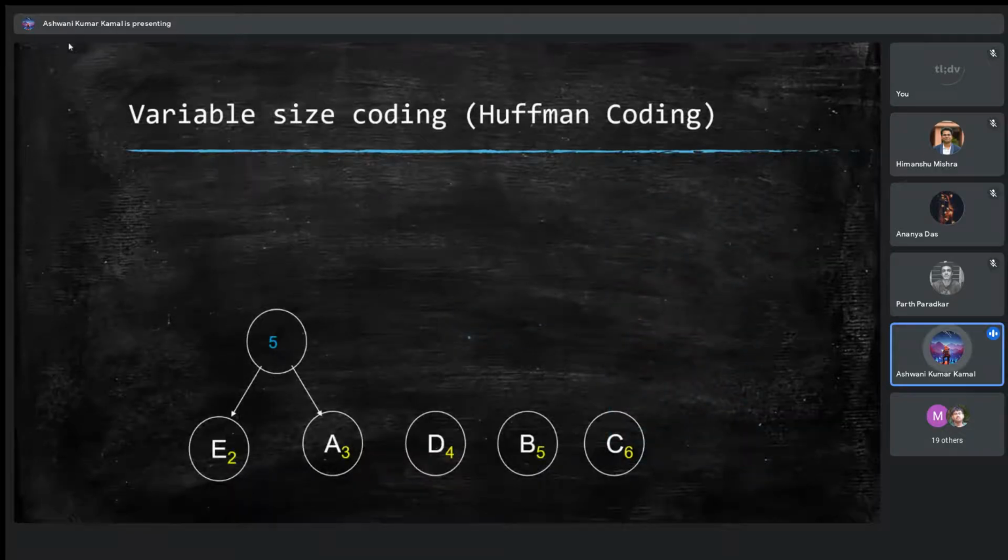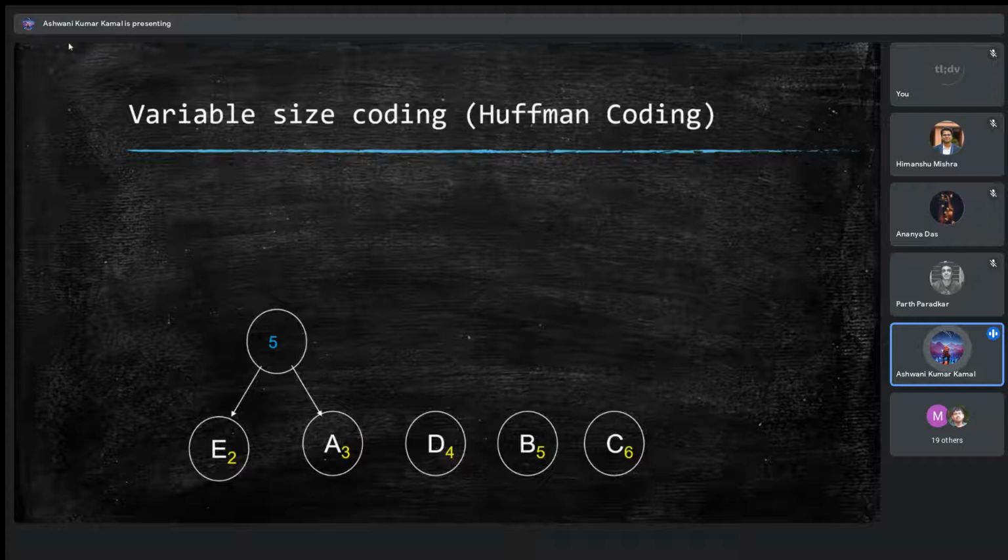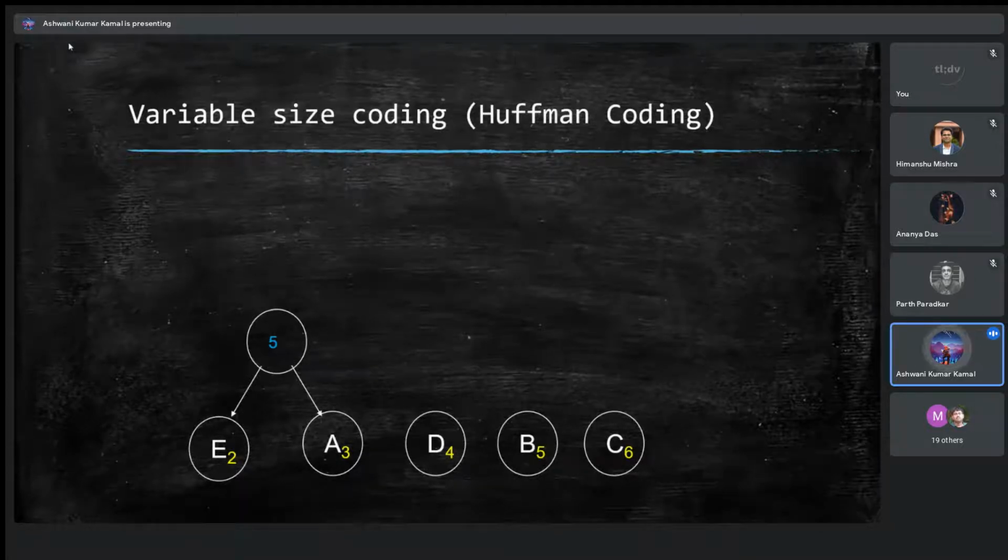So the first step would be to arrange the letters in the increasing order of the frequency. Now the algorithm goes like this: you have to select 2 nodes which have the least weights attached to them. So we'll be choosing E and A, because 2 and 3 are the 2 minimum weights of the list that we have right now, and then add a node connected to both of them, add the weights and assign that to our new node.